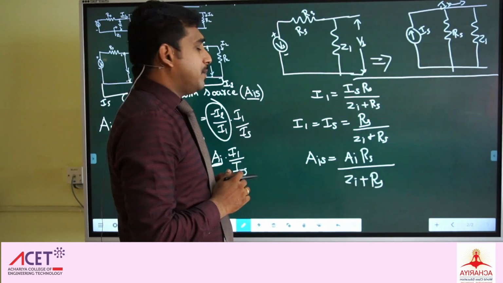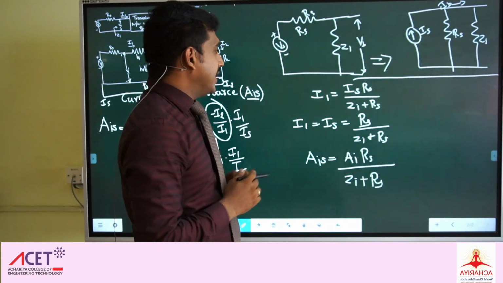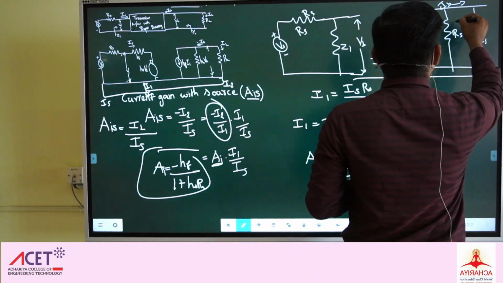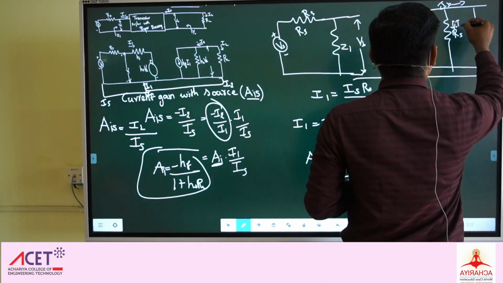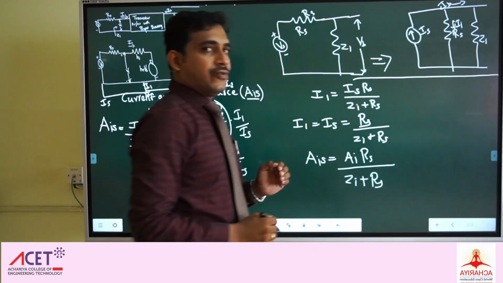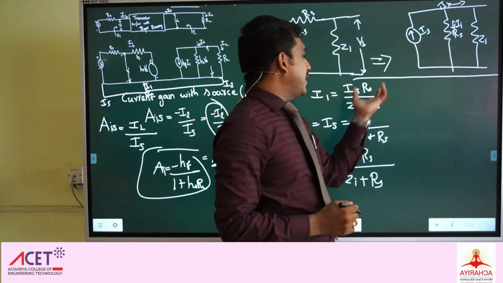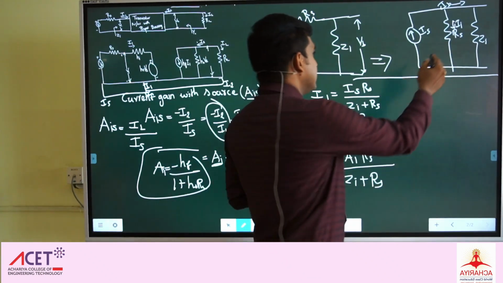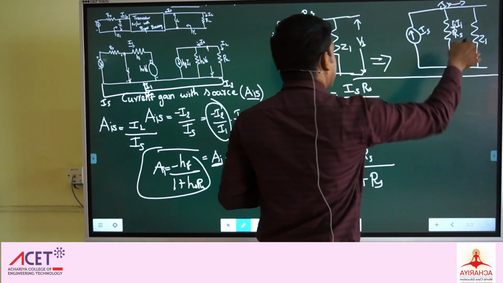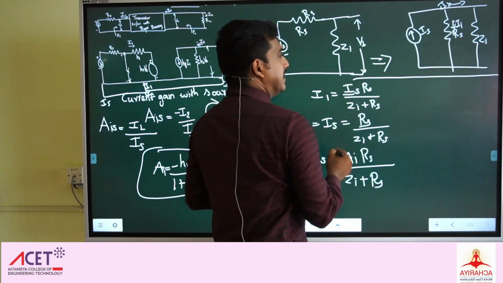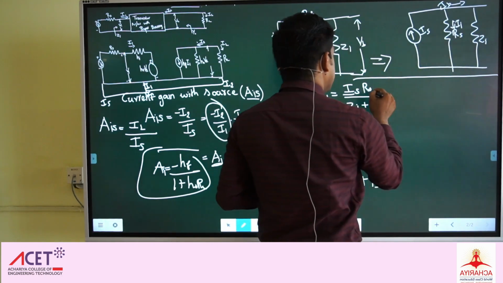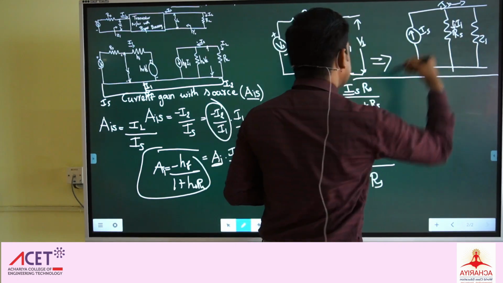Now by using the current divider rule we can find I1. I1 is the current flowing through this Rs resistance. By the current divider rule, I1 is equal to the total current IS into the resistance through which I1 is flowing, Rs, divided by the total resistance present in that loop.